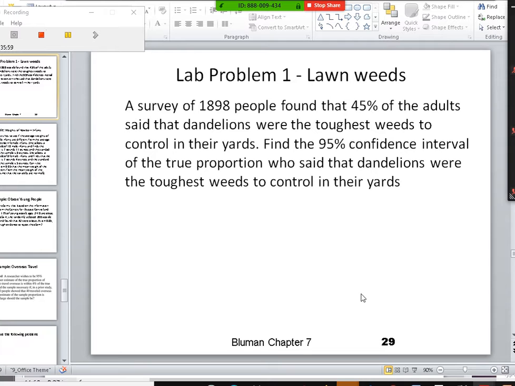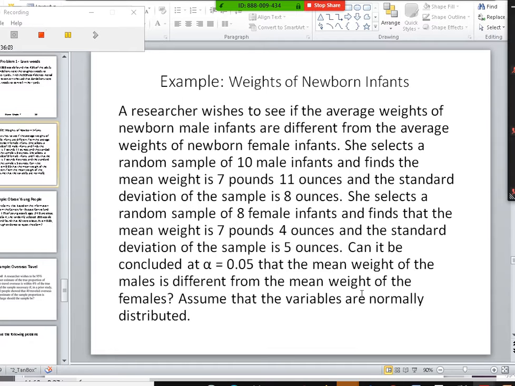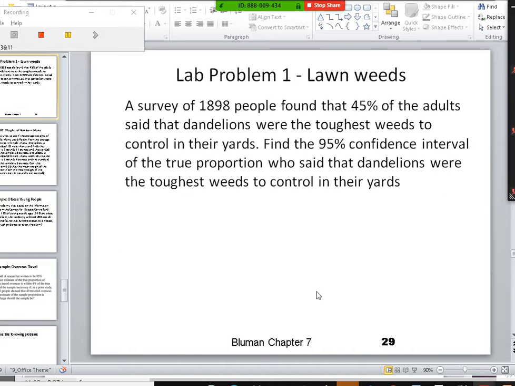That's okay. This one's two samples. All right, you guys, this one, is it a proportion or a mean?